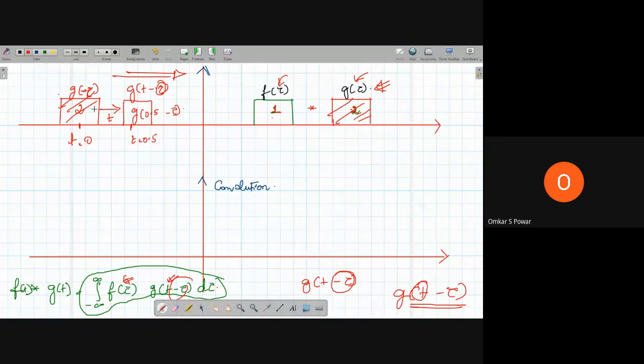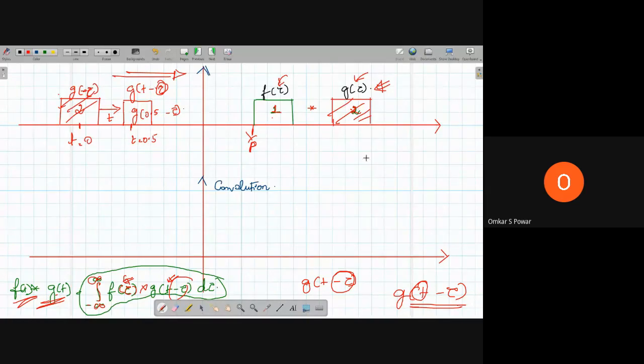If I shift it, I will go on shifting up till this point. If you concentrate on this equation, what does it say? f of tau convolution with g of tau is the integral from minus infinity to infinity of f of tau multiplied by g of t minus tau. If you multiply f of tau with g of t minus tau and take the area under that, you will get the convolution.